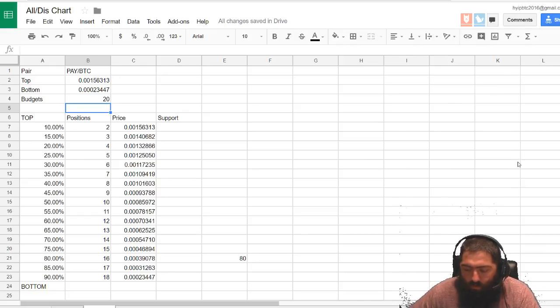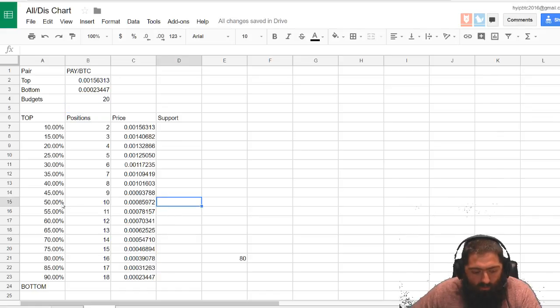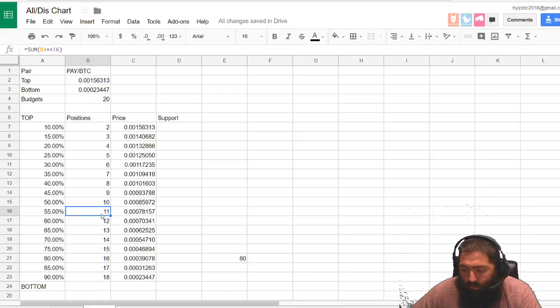No. Jan, if the market is at the 50% line, so it's at that price right there, and it drops to that price, I would go from 10 positions to 1 position. So I would only buy 1 more position in the market.